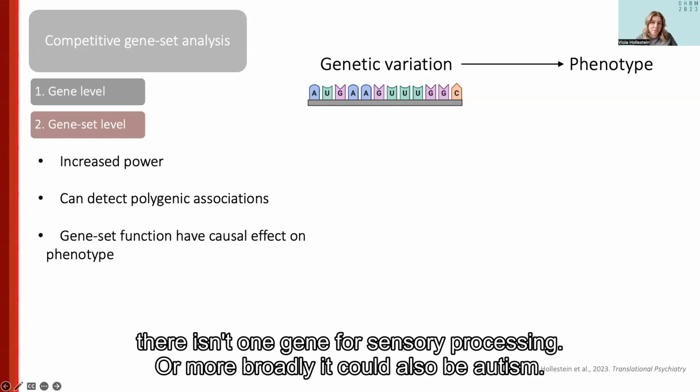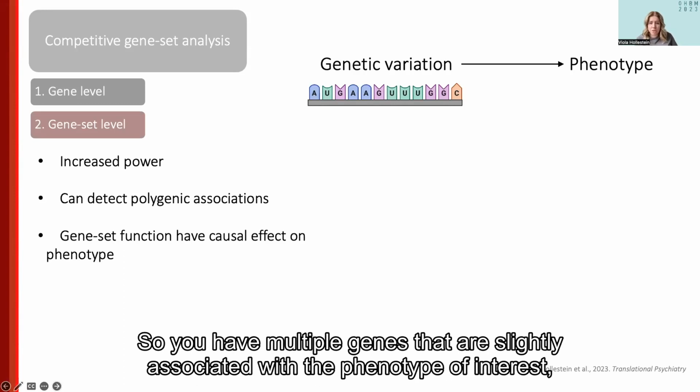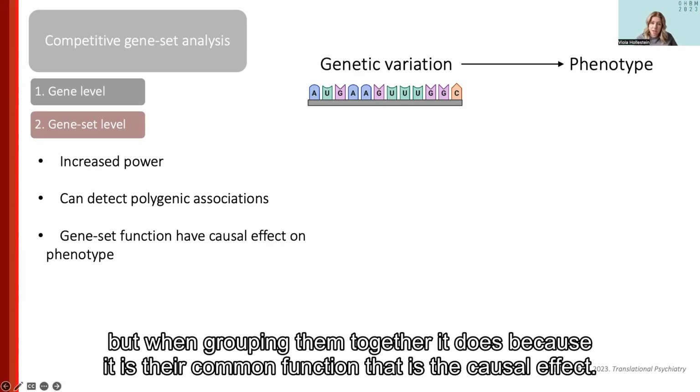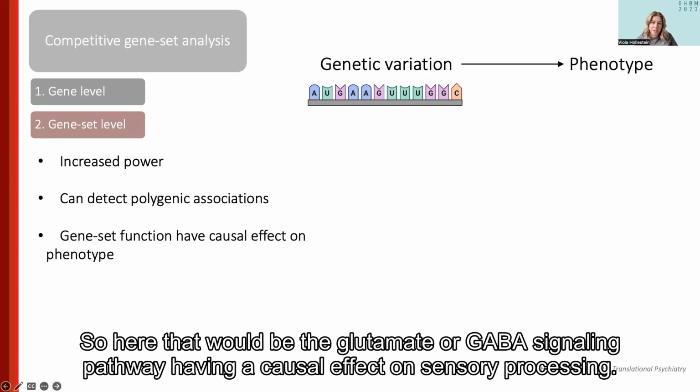There isn't one gene for sensory processing, or more broadly, it could also be autism. So you have multiple genes that are slightly associated with the phenotype of interest. And these genes alone might not have a strong enough association to get over the p-value threshold, but when grouping them together, it does, because it is their common function that is the causal effect. So here that would be the glutamate or GABA signaling pathway having a causal effect on sensory processing.